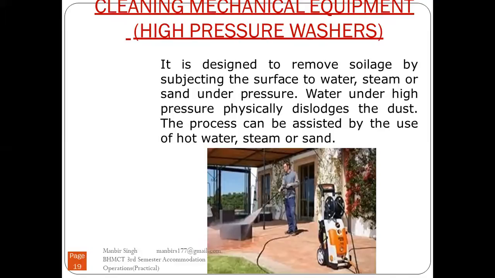It is designed to remove soilage by subjecting the surface to water, steam, or sand under pressure. Water under high pressure physically dislodges the dust. The process can be assisted by the use of hot water, steam, or sand. Okay.